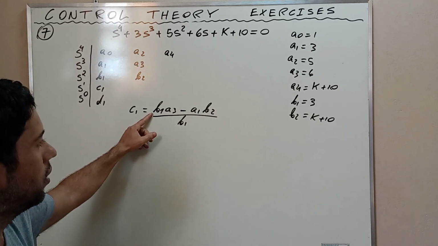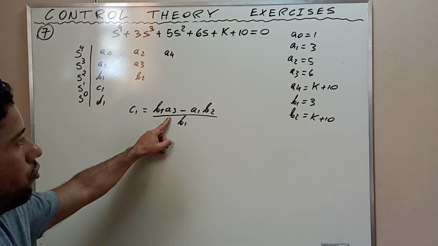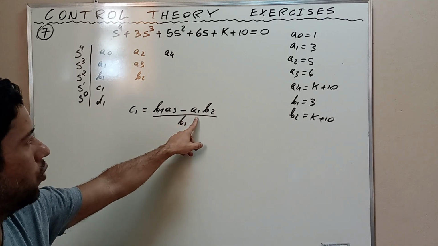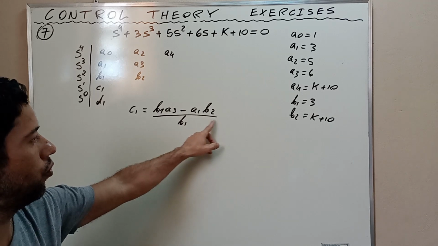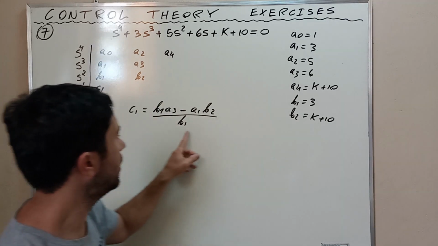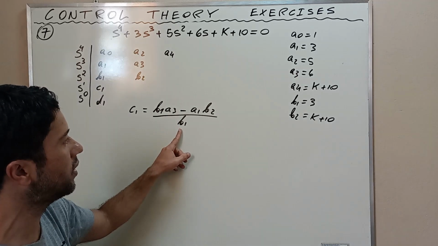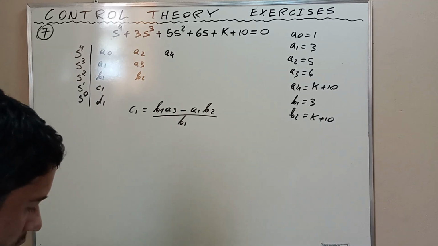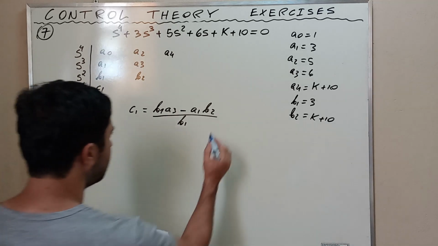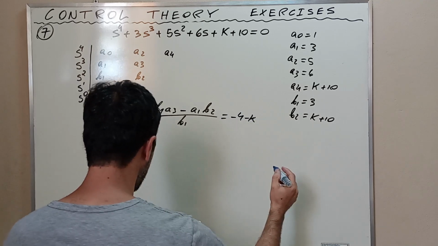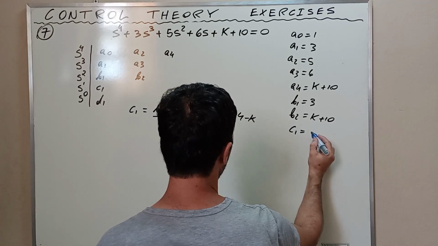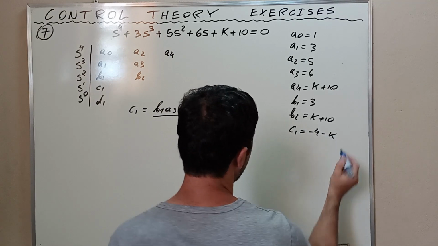B1 is 3, A3 is 6, A1 is 3, B2 is K plus 10, and B1 is again 3. We use the values and we find that it is equal to negative 4 minus K, okay? C1 is equal to negative 4 minus K.